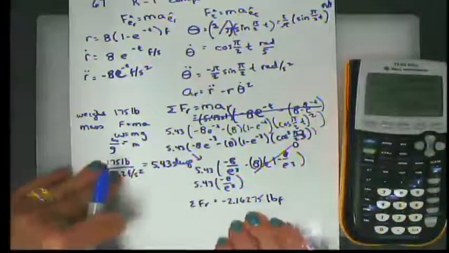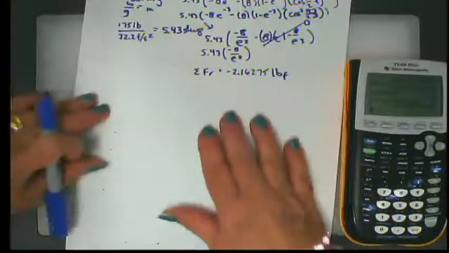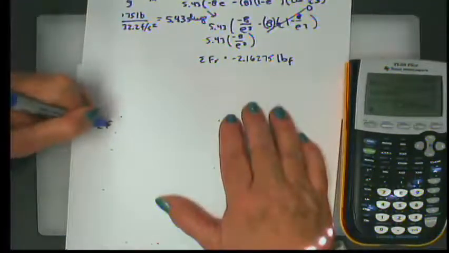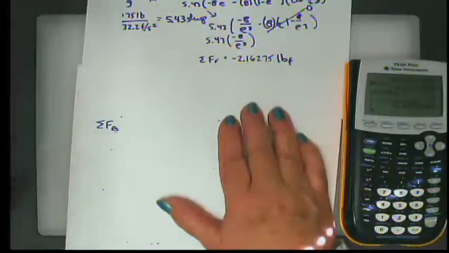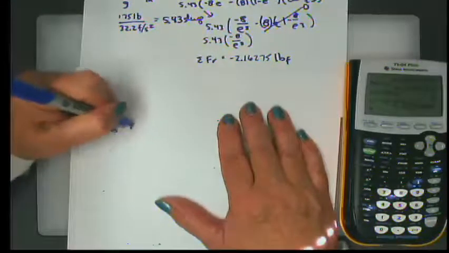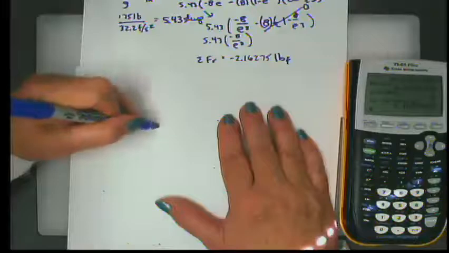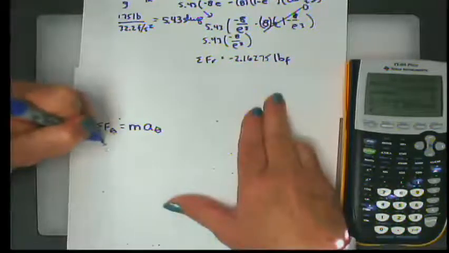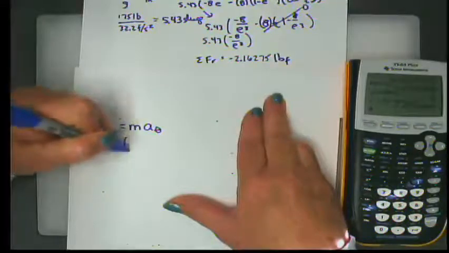And I've learned something new about my calculator. Thank you, Logan. So we're getting there. Then in the theta direction, the summation of forces theta is similarly going to equal mass times the acceleration in the theta direction. The mass is still 5.43.